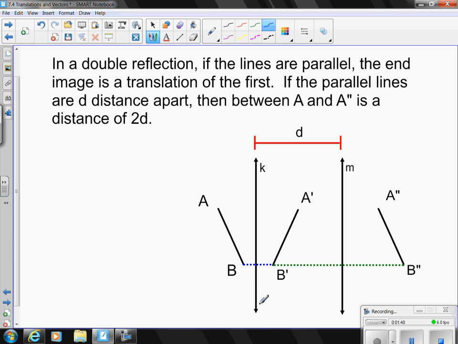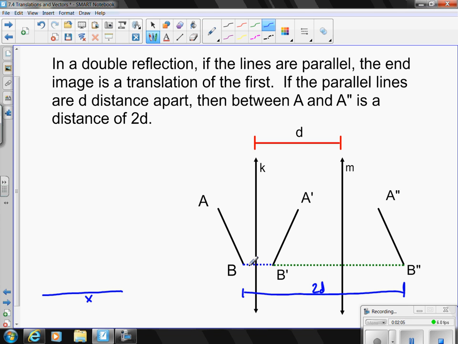So if this length is, let's call this length x, this length is going to be 2x. Or here, if this is d, this length is going to be 2d. From here all the way to there is 2d.